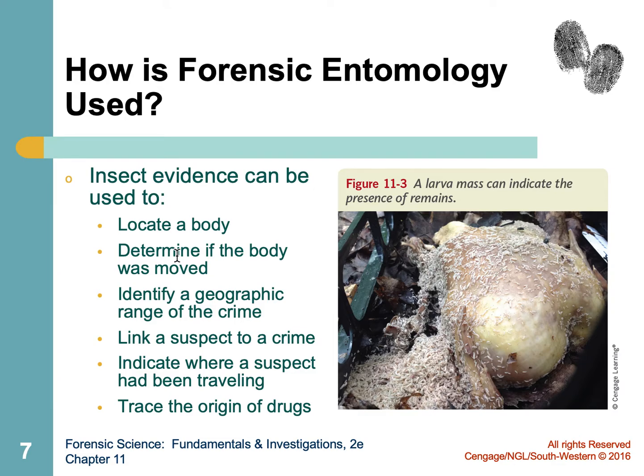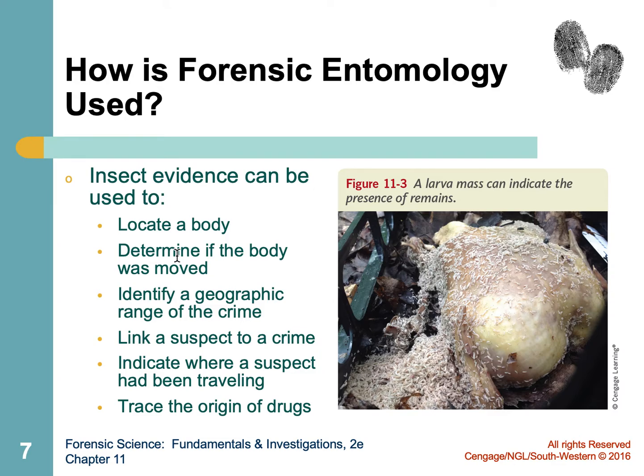But you can use the things we learned from chapter 12 and the decomposition of the body along with the entomology to get the best time frame or the best PMI available, but it will determine if the body's been moved or not based on one, the local area and their insects and things that are local to that, as well as a matching PMI between the body and the insects that are going to be used.